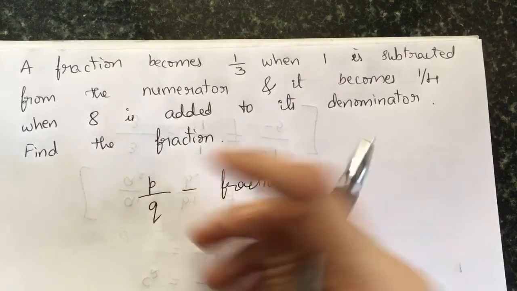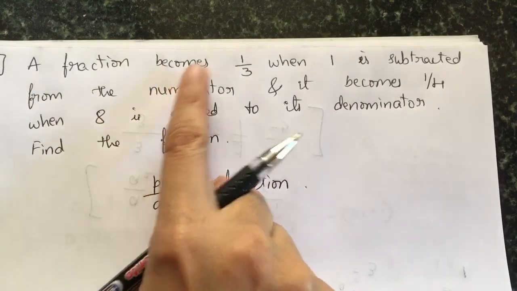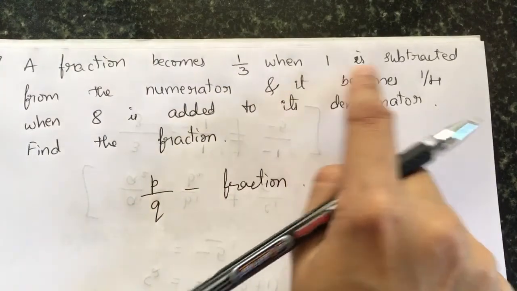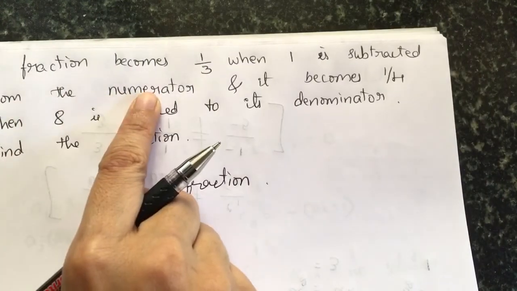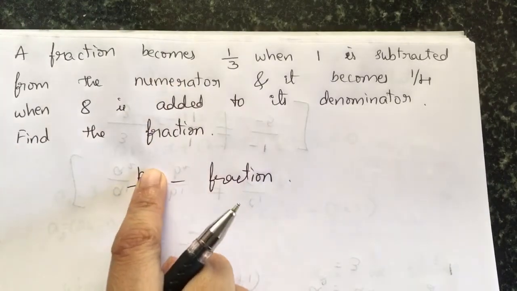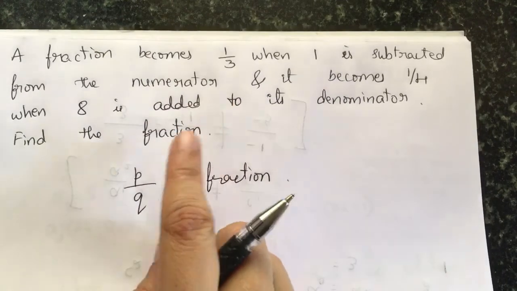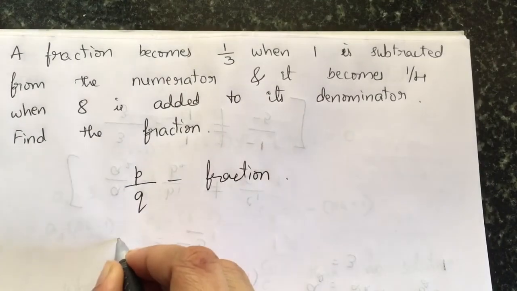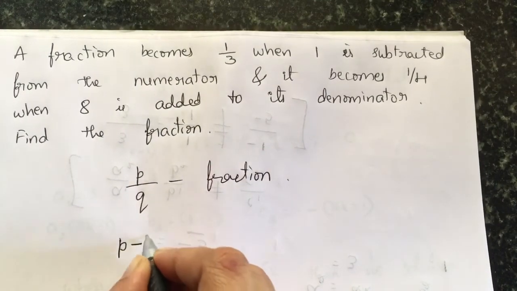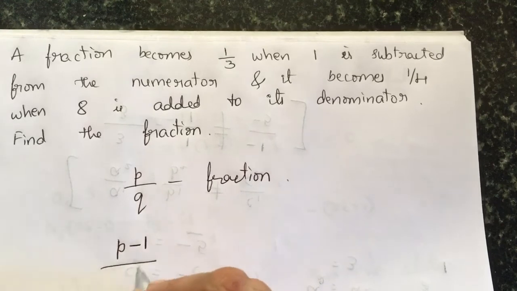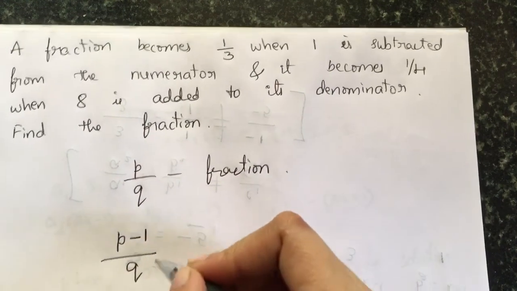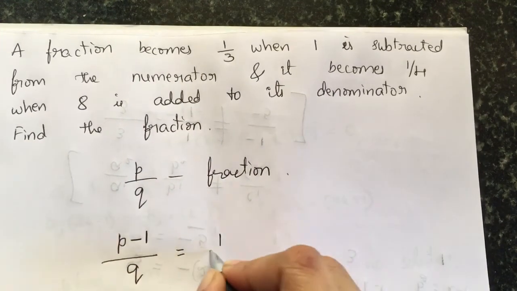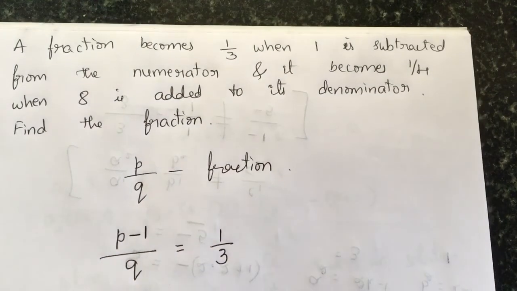It says a fraction becomes 1 by 3 when 1 is subtracted from the numerator. From the numerator, when I subtract 1, the denominator is as it is, and the fraction will be equal to 1 by 3.